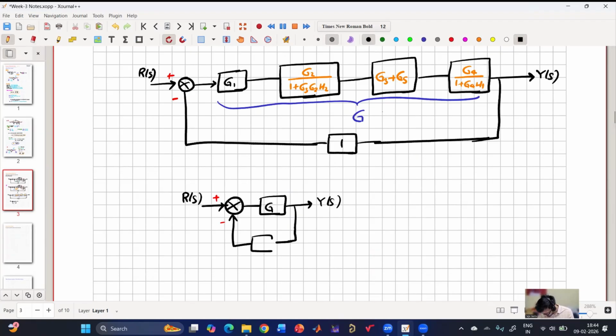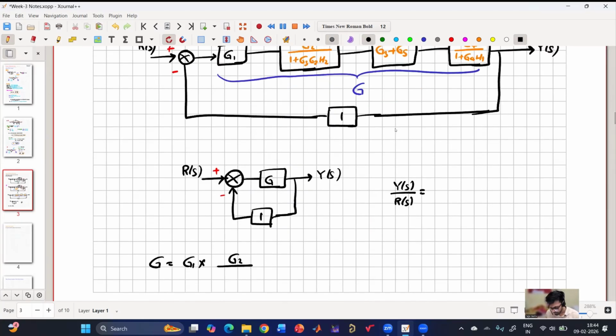Now what is Y of S by R of S? It is G divided by 1 plus G. Here my G is G2 by 1 plus G3 G2 H2, into G3 plus G5, into G4 by 1 plus G4 H1, and my overall will be G by 1 plus G.